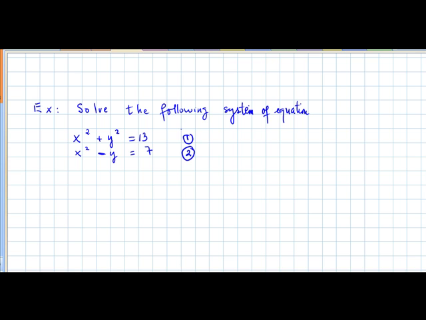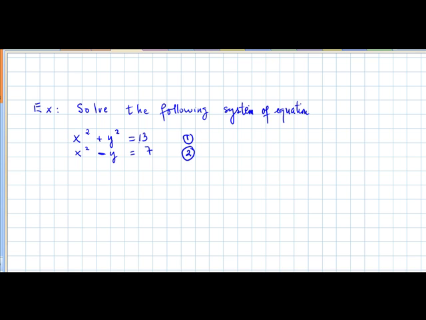I see that my first equation is a circle with a radius of square root of 13, and my second equation is a parabola. Now I see that both of my equations are nonlinear because of the squares on the x and y.